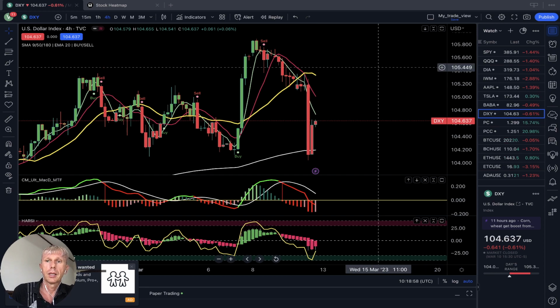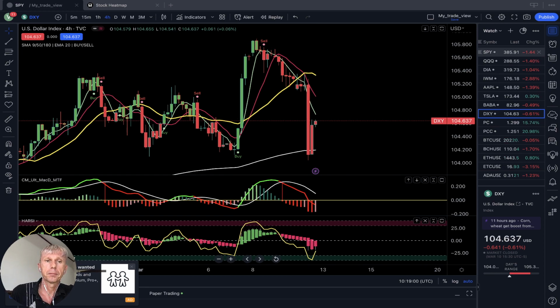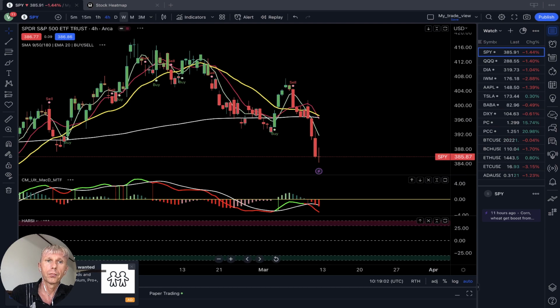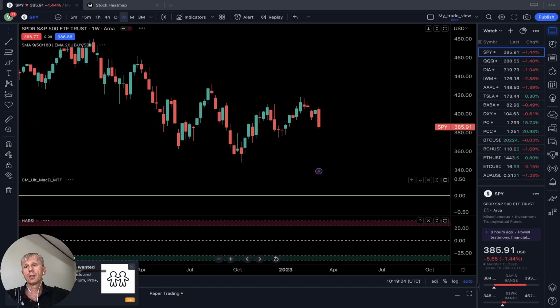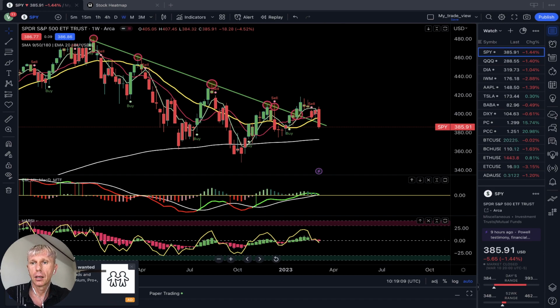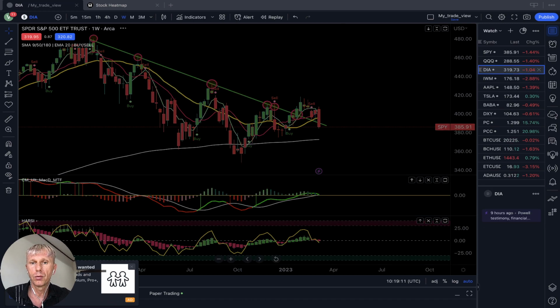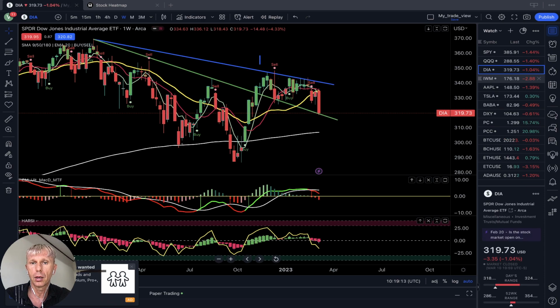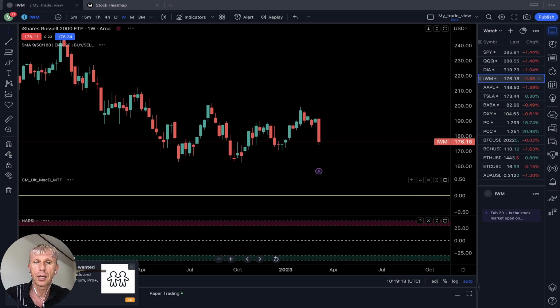Okay, that's all. Let's do the summary. Weekly: all indexes very negative on the weekly time frame. Like Dow Jones very negative on the weekly time frame, and RSI. Russell 2000 very weak on the weekly time frame.